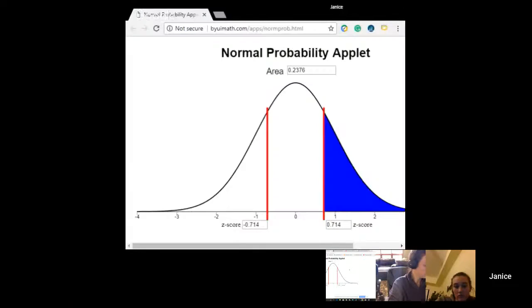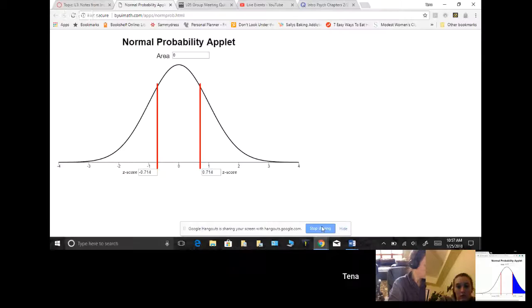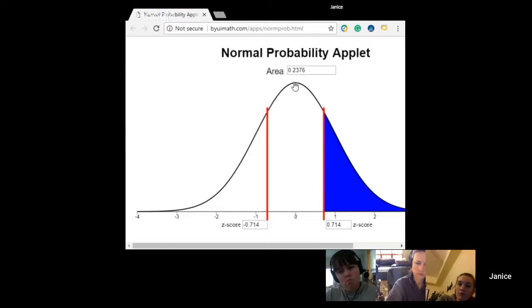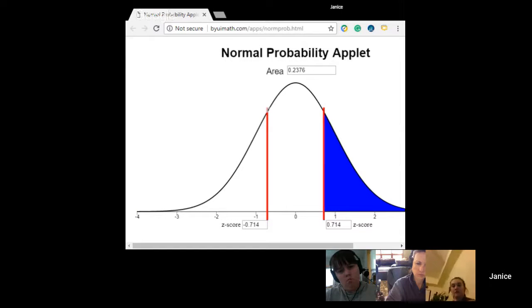Share my, because I'm moving my mouse, but you guys can't see, so I'm going to try to do this differently. Is my applet showing up on there? Okay. I stopped sharing, so yes. Okay. So if the mean is 65 or 0.65, that would be right there. That's where 0.65 is. 0.60 is right here.